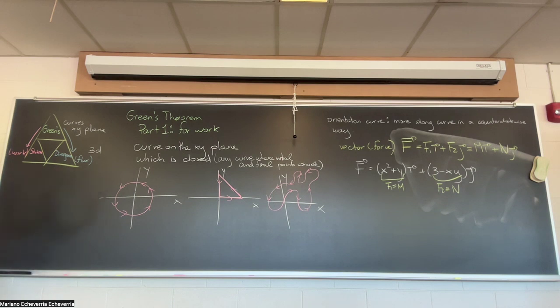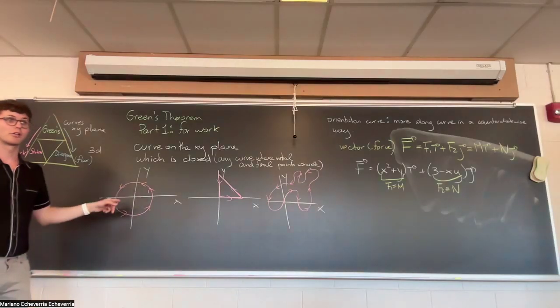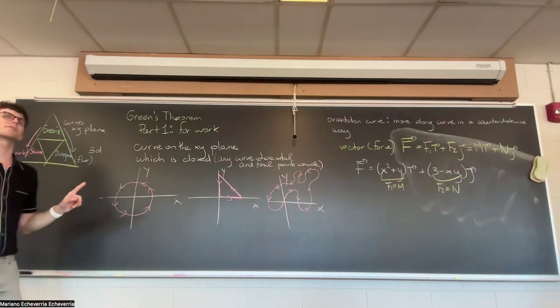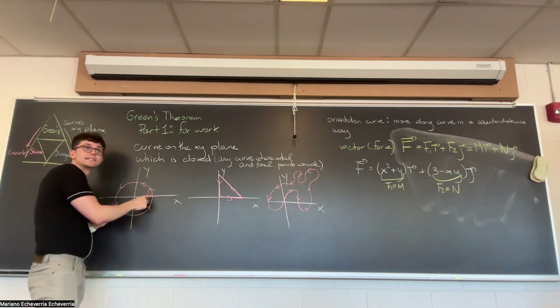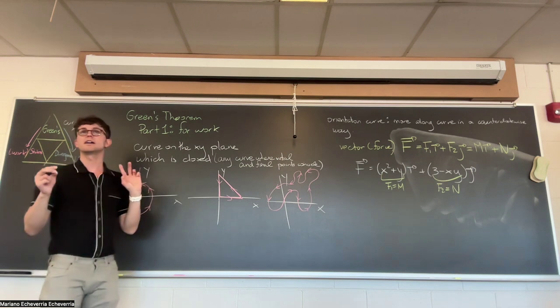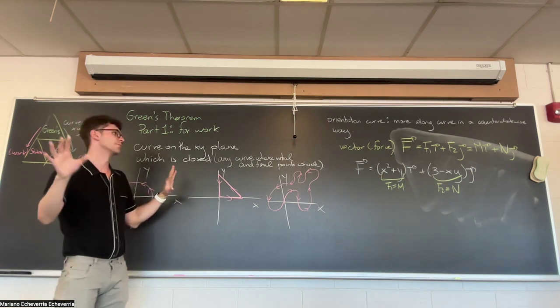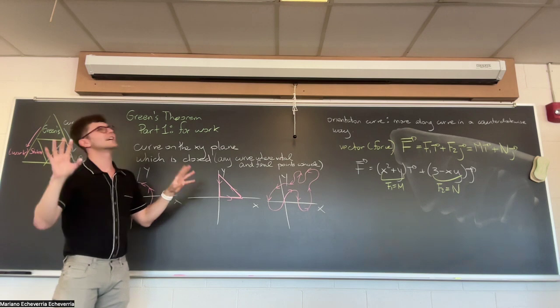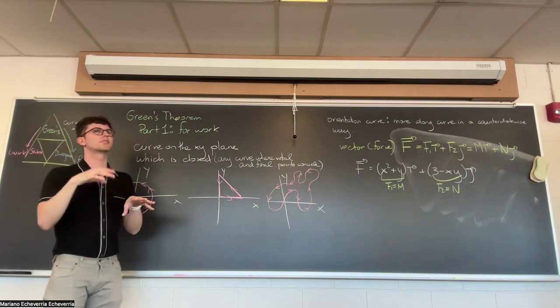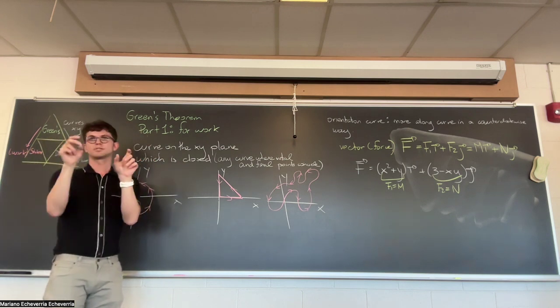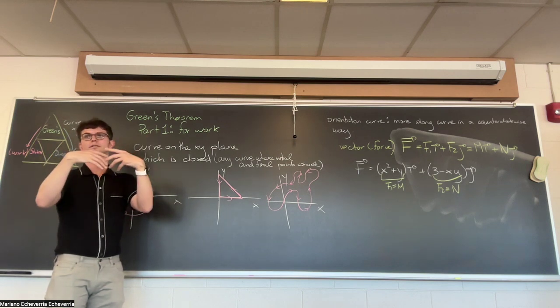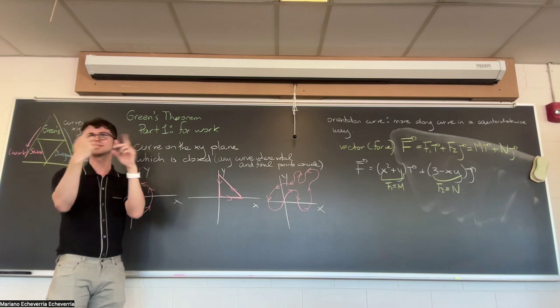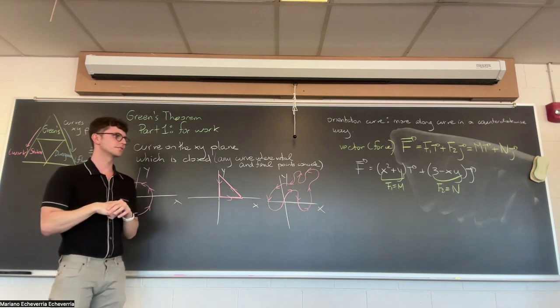So what do we know so far? If the force happens to be conservative, we already know the answer for the work along a closed curve. I don't know if you remember, when the force is conservative, the work along a closed curve is zero. Now that we know that a conservative force has a potential, the work equals the potential at the final point minus the potential at the initial point. But if the curve is closed, the points are the same, so that would just give you zero.